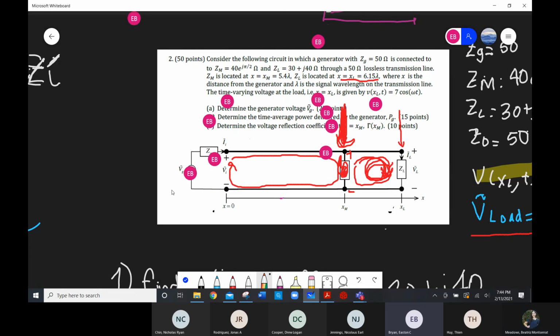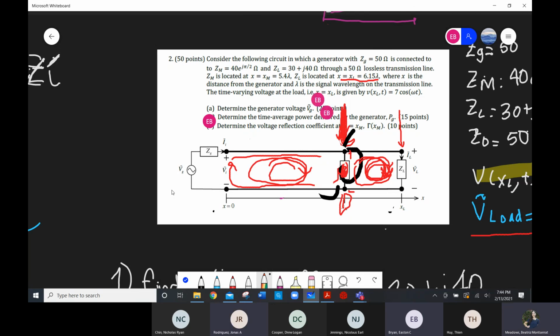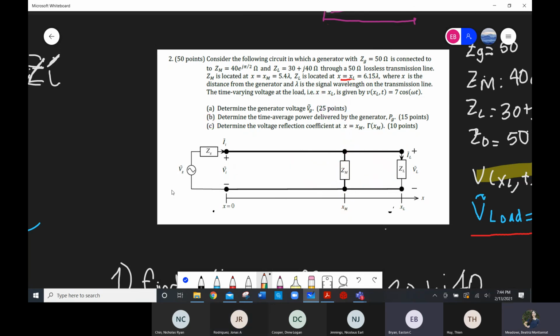Yeah, so you're looking for the reflection coefficient at that point because there's its own little behavior going on in this loop. But when you simplify it down to where this is ZL prime, it's already considering what's going on in this loop, in this transmission line.